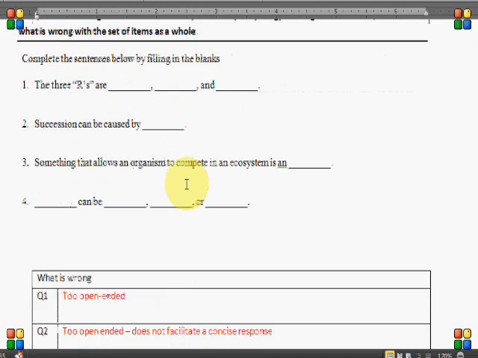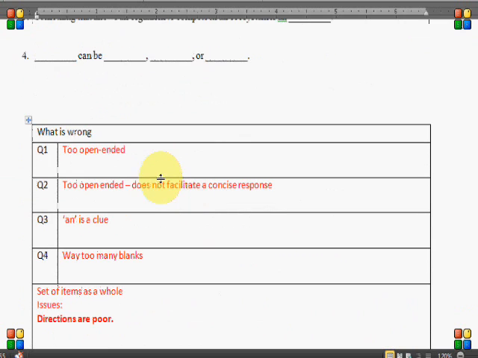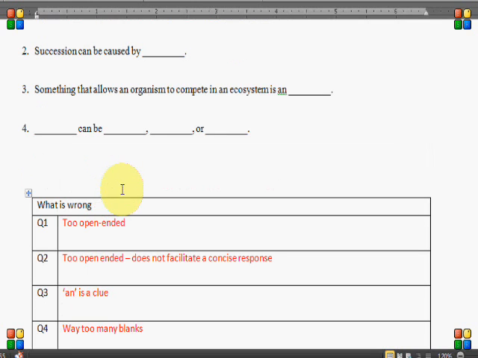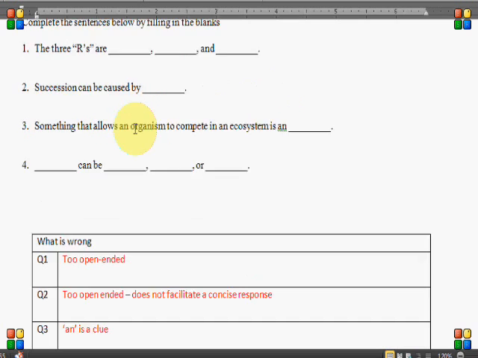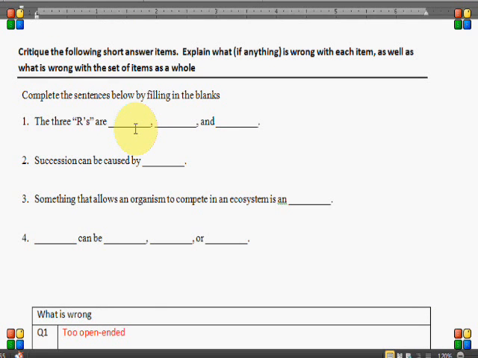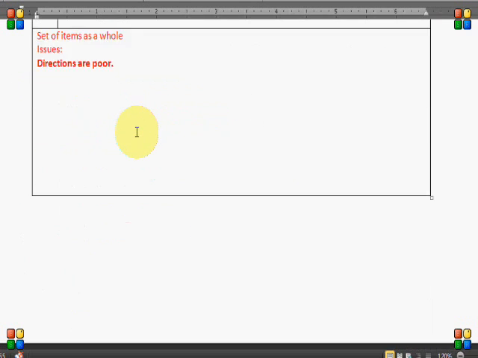If we go to short answer, same idea. The two open-ended is the idea that, again, short answer questions should be concise in the responses that they elicit from the test takers. Be sure you're careful of the clues here, or tense clues. Is there anything else that is going to give things away?